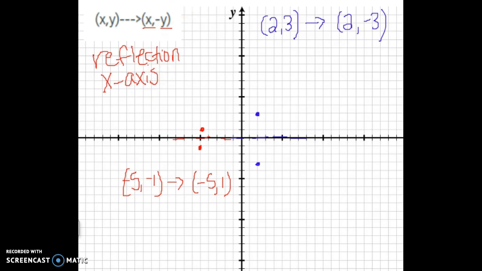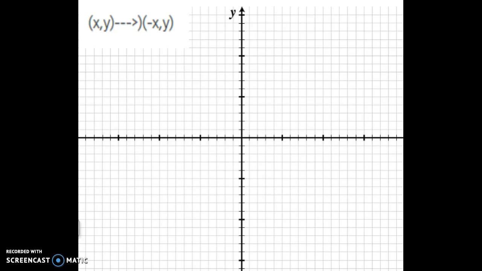Let's look at one more just in case you get to the test and you're like, oh no, I don't have these memorized, I don't know what to do. Let's just pick some points and let's try it. Let's start off with 5, 3. Sure, why not? And you can pick any point in the whole wide world. It really doesn't matter.